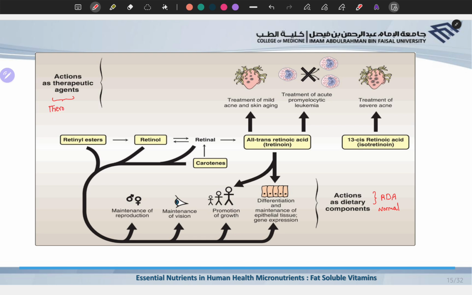You know Avotine A, you go to the pharmacy, Avotine A cream comes. It has tretinoin. Tretinoin is a form of vitamin A. Another form, isotretinoin, comes in the market by the name of Accutane.